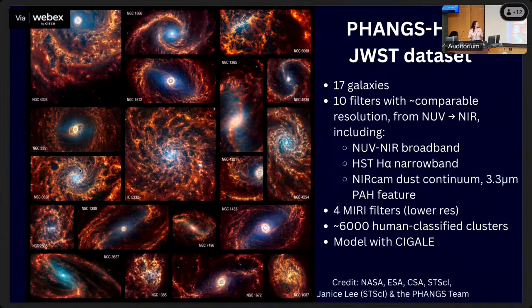We have HST H alpha, and then the NIRCam dust continuum and the 3.3 PAH emission feature. The sample we are using in this work is about 6,000 human-classified clusters. These were classified in the V band by Brad Whitmore. And then we model these clusters with Prospector.